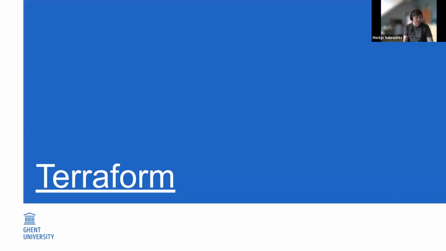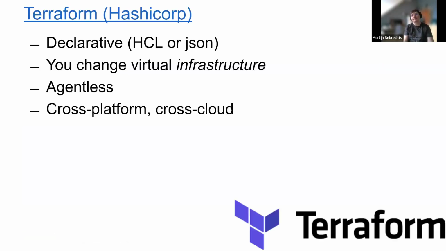Second tool that I want to talk about is Terraform. Terraform is a tool created by HashiCorp, and it is 100% declarative. You can create desired state models either using the Terraform domain-specific language HCL or by using JSON.